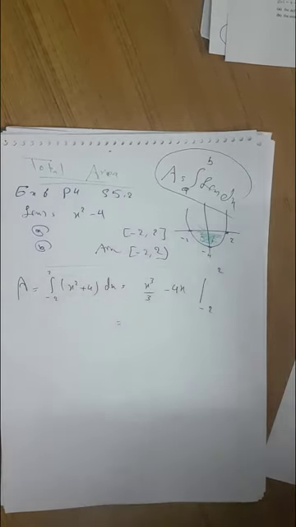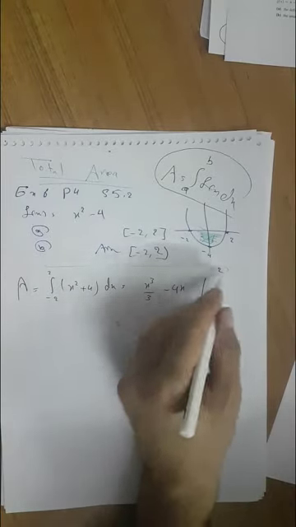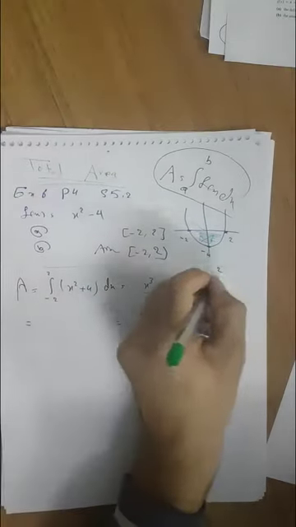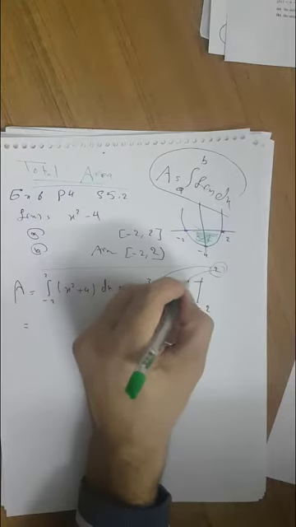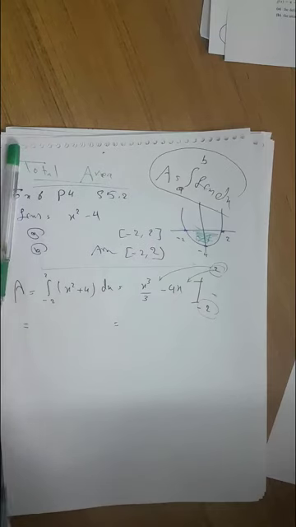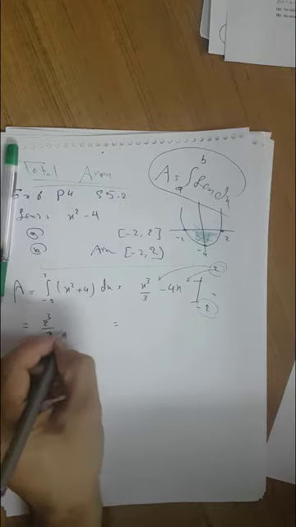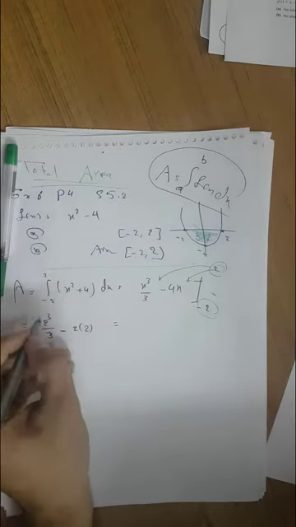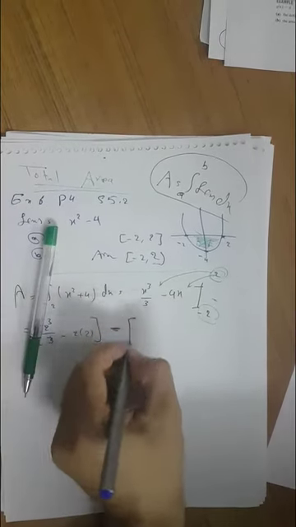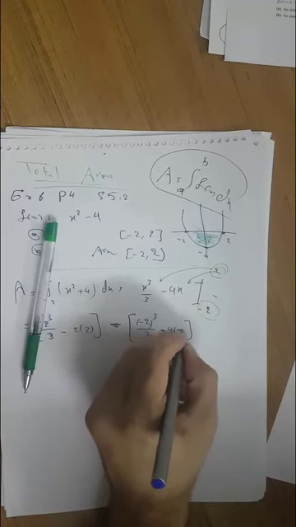What will the result be? I'm going to solve it like a book. First of all, we substitute 2 for each x, then minus. So I put 2, that'll be blue: 2 to power 3 over 3 minus 2 multiplied by 2. Then the minus, and the second part is minus 2 to power 3 over 3 minus 4 multiplied by minus 2.